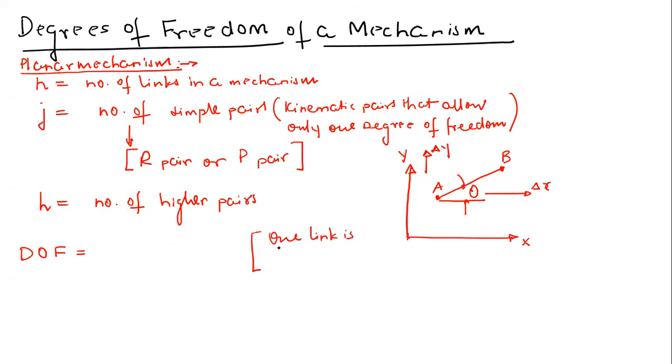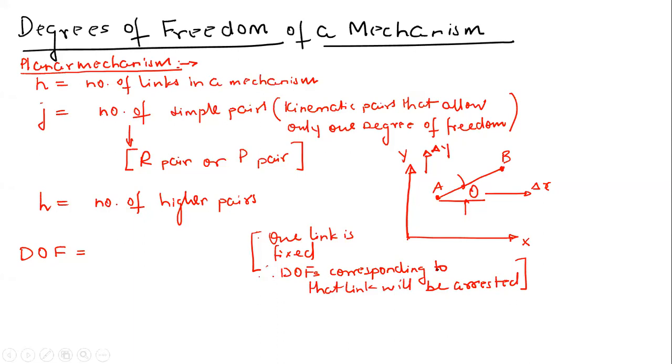So the degrees of freedom corresponding to that link will be arrested, correct? The degrees of freedom corresponding to that link are going to reduce to 0 finally. So we have only 3(n minus 1) degrees of freedom.